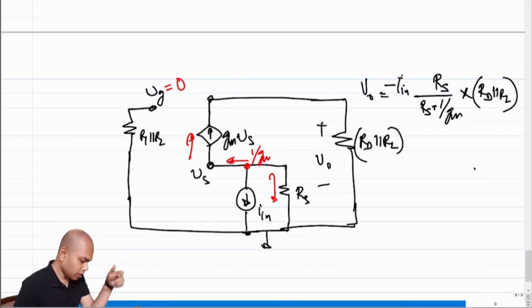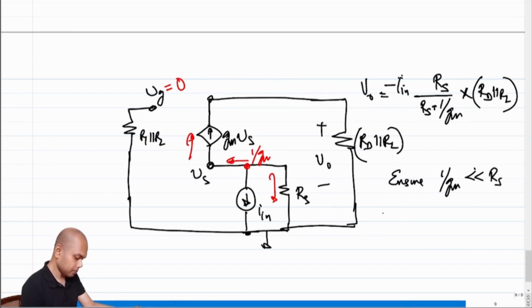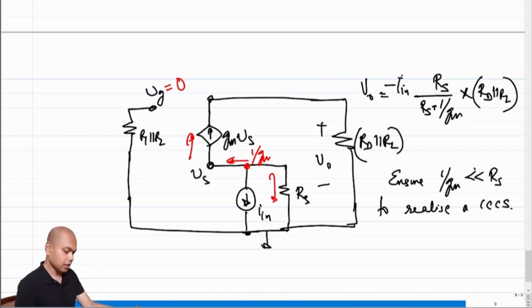Okay, so in order to ensure that this behaves like a current controlled, current input source, what do we need to ensure? We need to ensure 1 over Gm is much less than Rs to realize a CCCS, right?